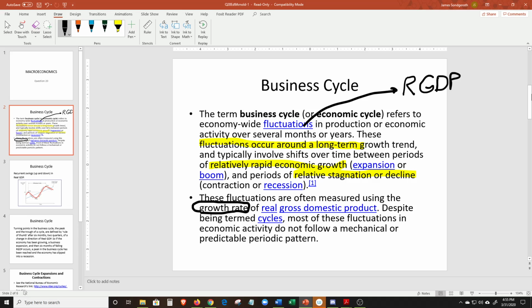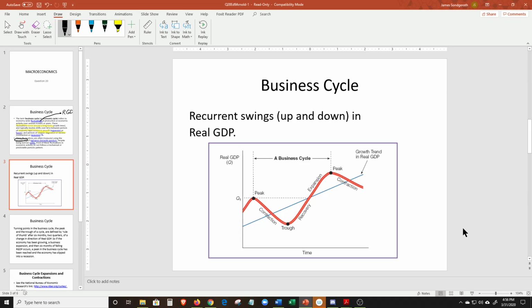And real GDP is just nominal GDP divided by some base year GDP, okay? All right, so let's explore further this idea of business cycle.